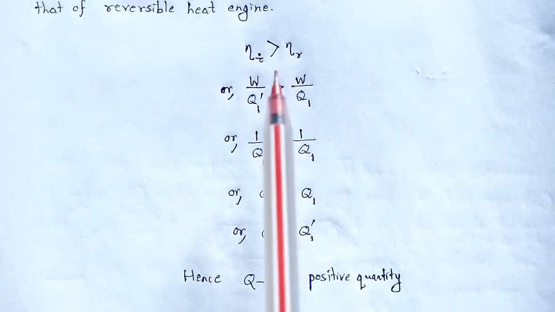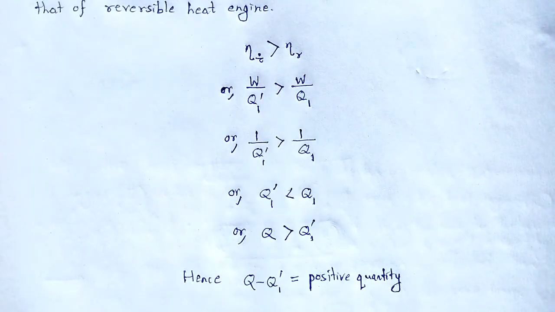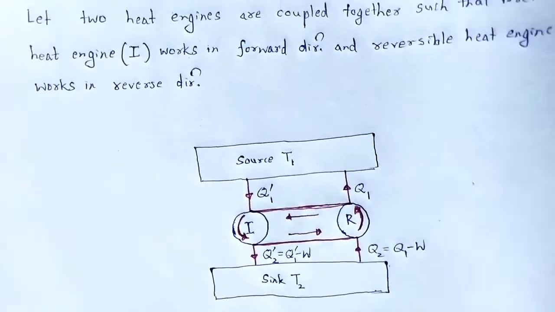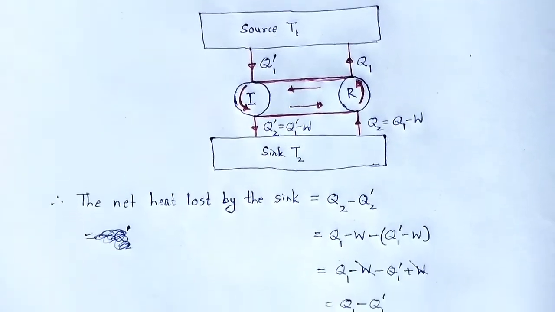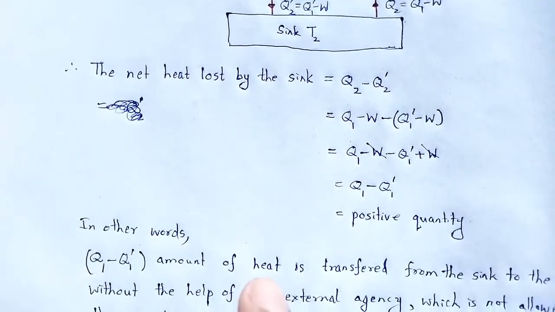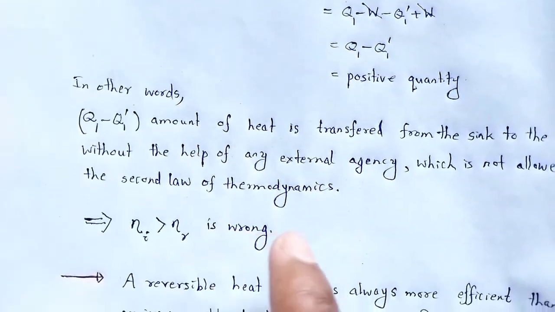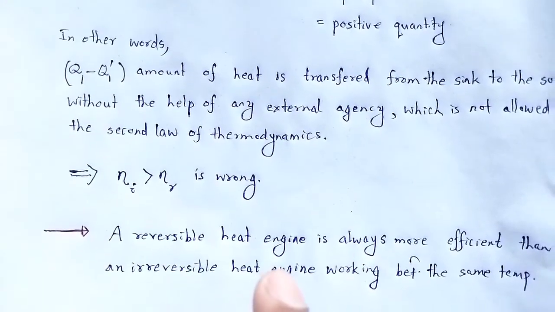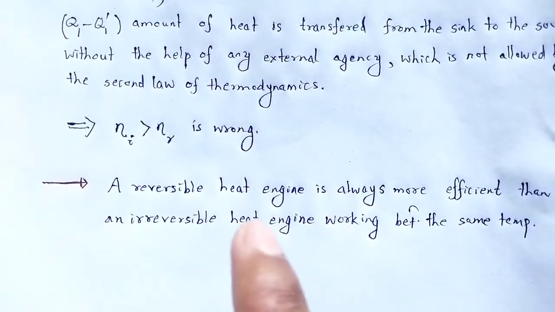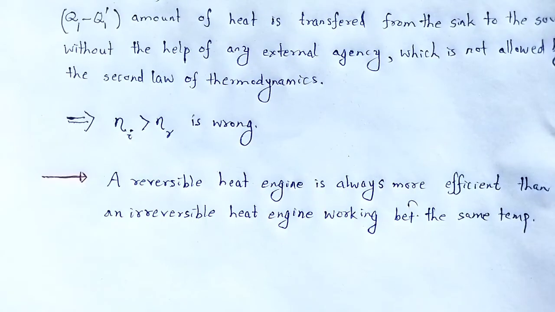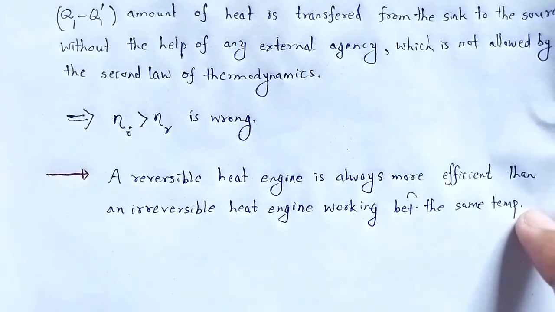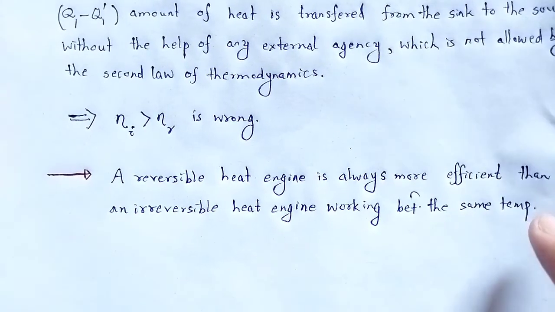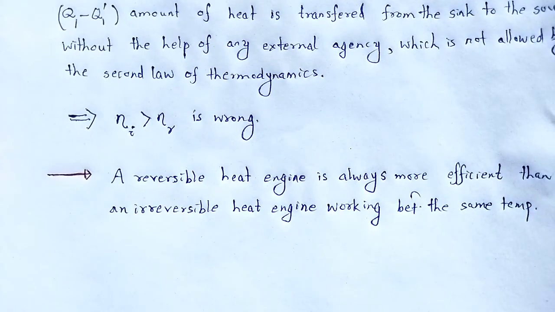First we assume it is greater, and proceeding like this, finally we get that the assumption is wrong. That is why we say a reversible heat engine is always more efficient than an irreversible heat engine working between the same temperatures, which is known as Carnot's theorem regarding the efficiency of any reversible heat engine.